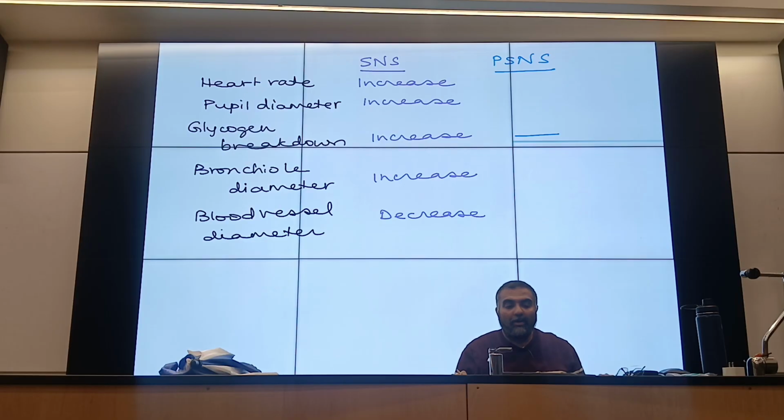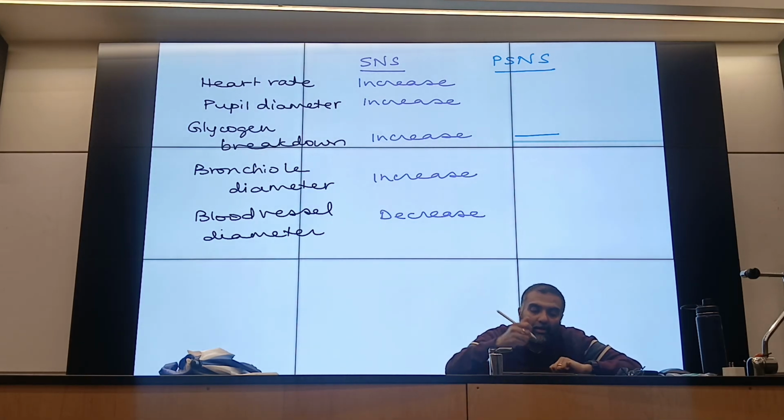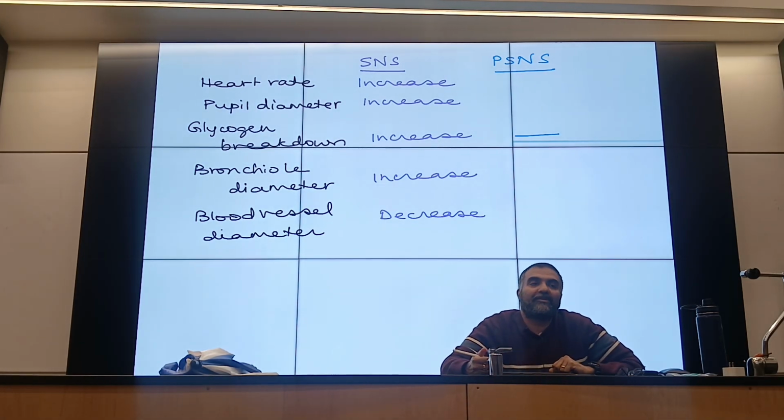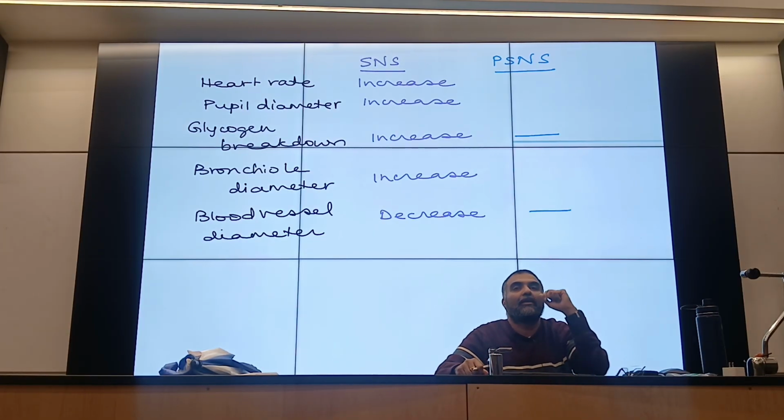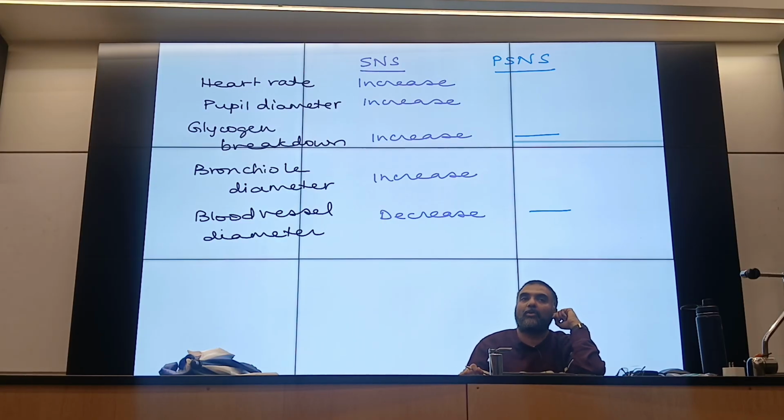So blood vessel diameter, you will vasoconstrict in response to the sympathetic nervous system, because that pushes blood further towards the heart. And you want that. You want to take blood from the digestive system and the skin. That's why when you're scared, you go white in the face, because blood is drawn away from the periphery. So maybe I should say peripheral blood vessel diameter will decrease. Blood is pushed towards the heart. And parasympathetic, no response. Parasympathetic does not control blood vessels.